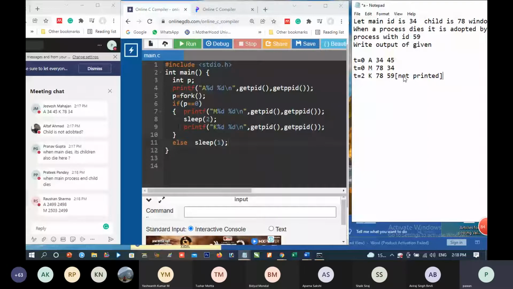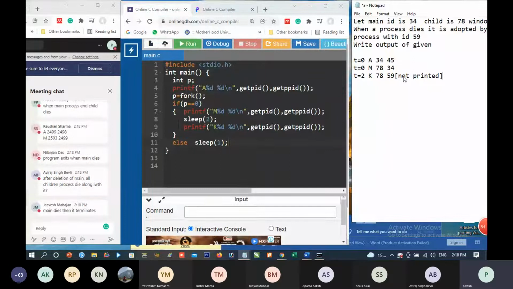Is it correct? Yes. When main dies, the children also die. Now, how to get the correct output in this case?